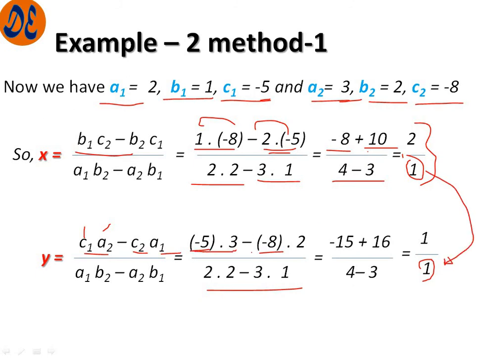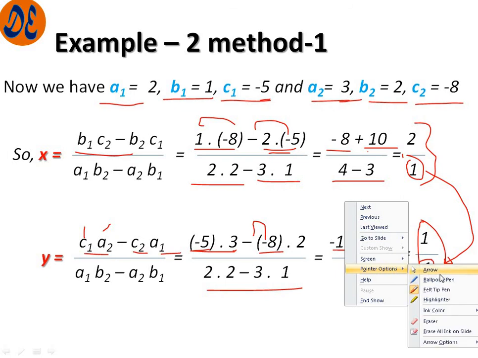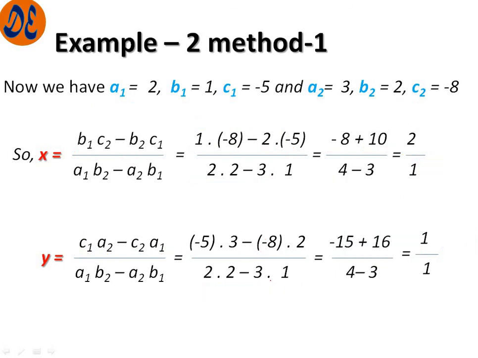Now if you solve this, this is -15, minus into minus is plus, so plus 16, so we are getting 1 by 1. So what values have we got? x is equal to 2 and y is equal to 1. This is the solution that we have obtained.